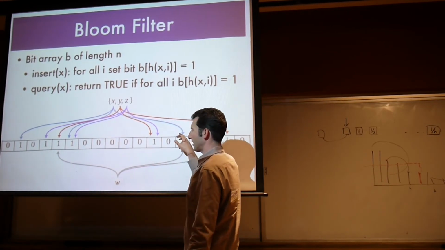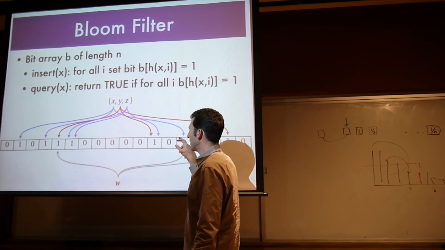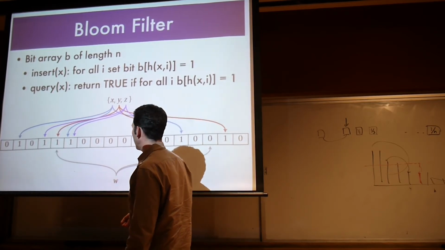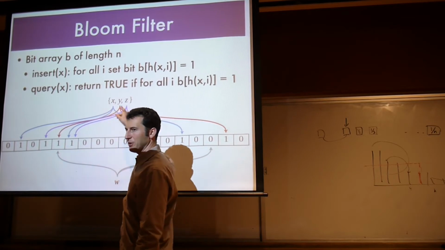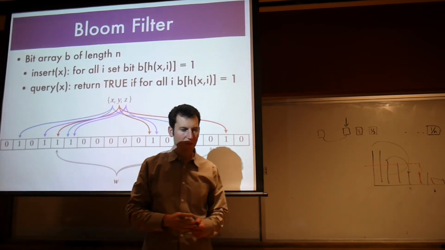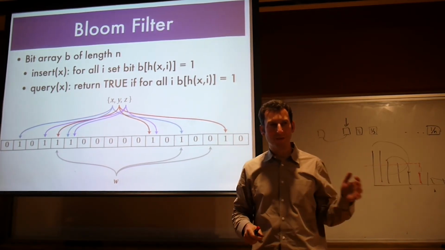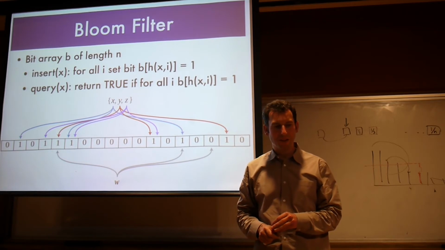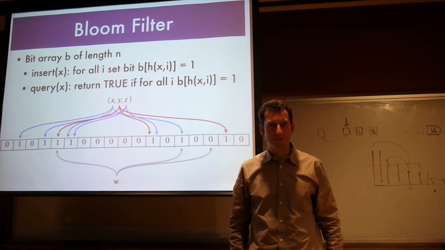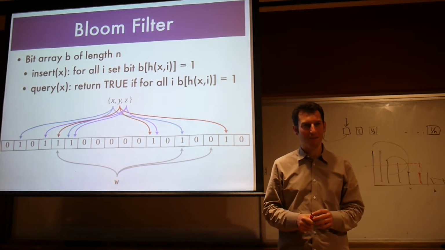And I set those bits to 1 if they are not already 1. And if I query, I check whether all the bits that correspond to x are set to 1. So you can clearly see that if I inserted x, query of x will return true. It must return true because if I set a bit to 1, it will stay 1.